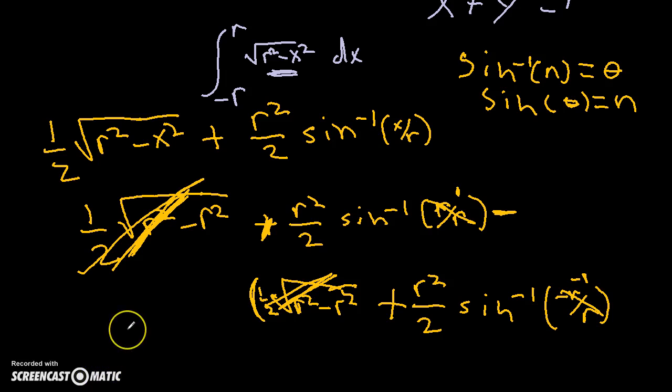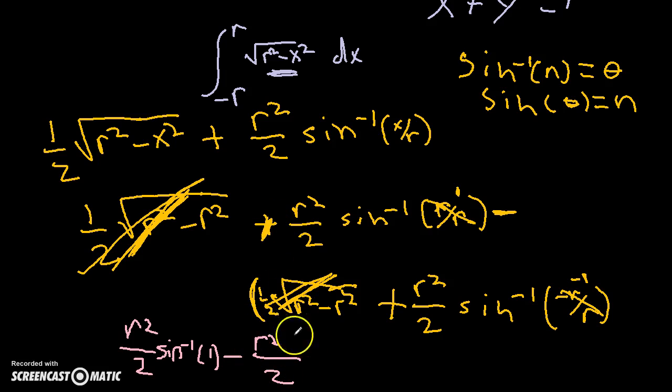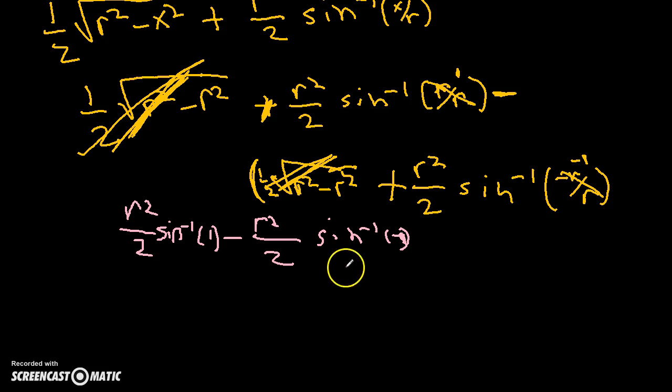Let's write this as r squared over 2 times the inverse sine of 1, minus r squared over 2 times the inverse sine of -1. Oh yeah, and it can either be arcsine or inverse sine. They're just interchangeable names for it. Okay, so good so far, but what's the inverse sine of 1 and -1?